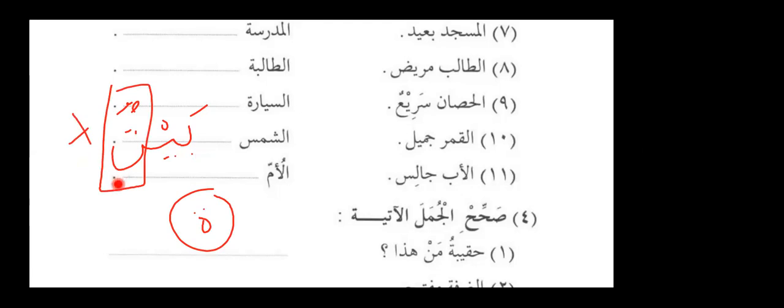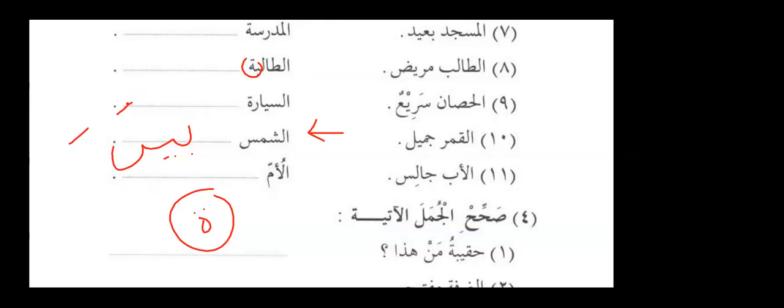We're talking about the round ta, like the one at the end of as-sayyaratu, at-talibatu, al-madrasatu, and so on. So the round ta is one of the signs of femininity, and there are some other signs too. However, some nouns don't have any sign at all. It's just that Arabs take them as feminine, and we just take them like that.